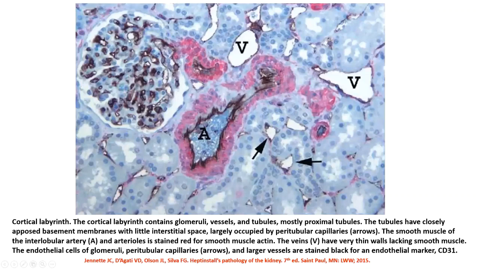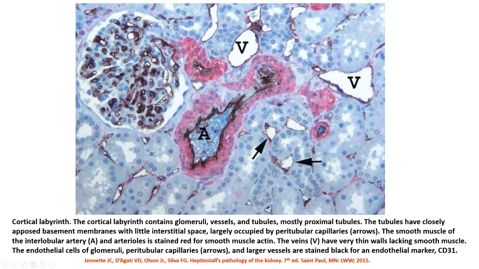Now you have the cortical labyrinth again, and this is a dual stain IHC, in which the stains used are both DAB as well as fast red. The two IHC markers utilized in this section are CD31, in order to point out the vascular elements, and smooth muscle actin, in order to point out the presence or absence of a muscle wall within these vascular elements.